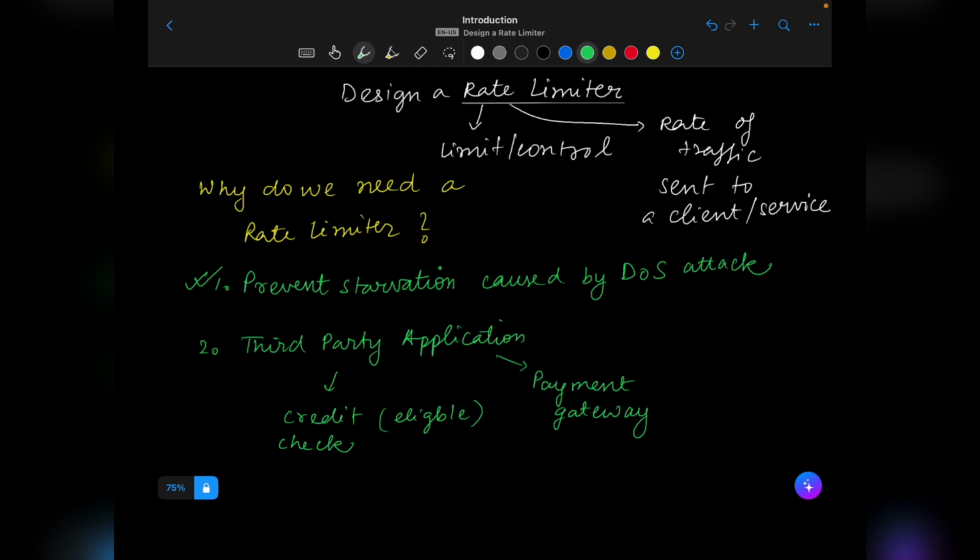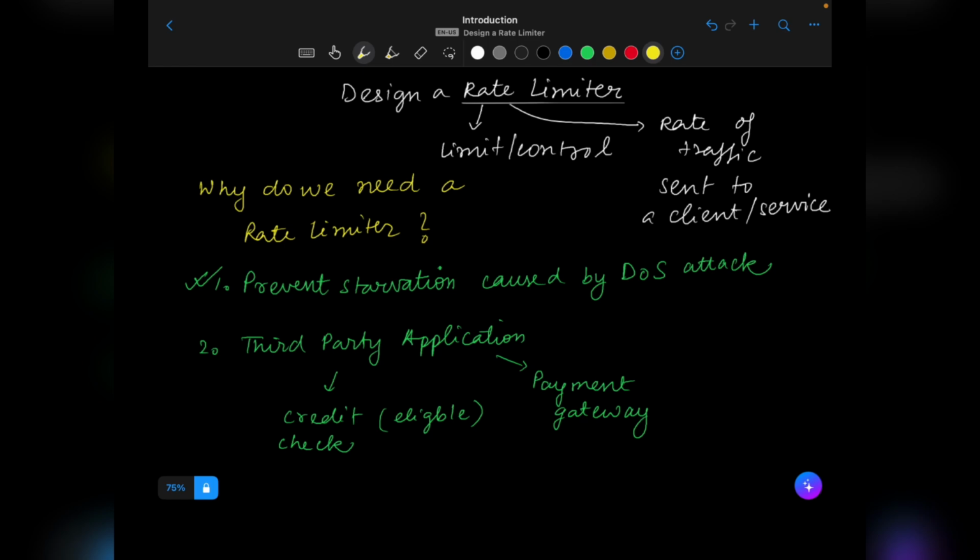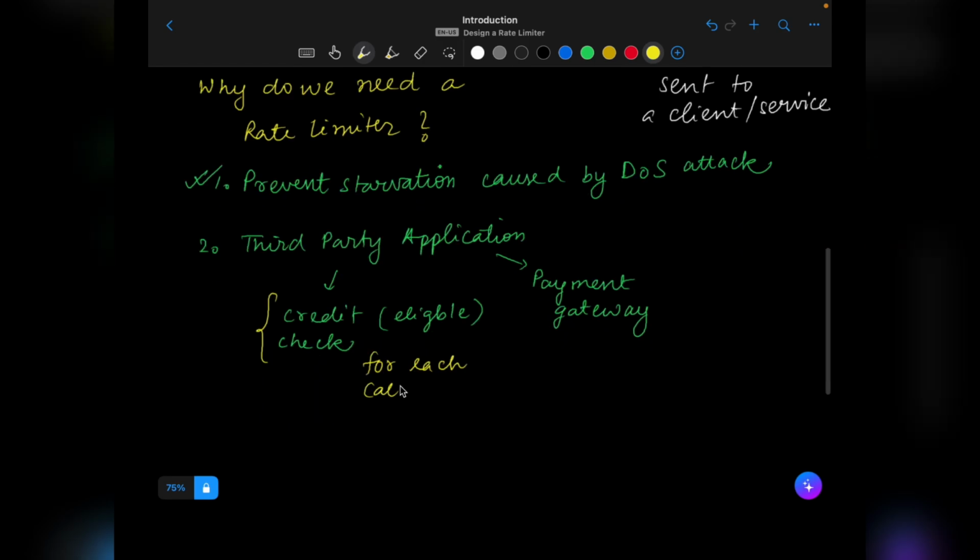Since we are using a third party, these are cost incurred. That means for each call to the third party, a cost is incurred. Thus we can't randomly make a large amount of requests to the third party application.